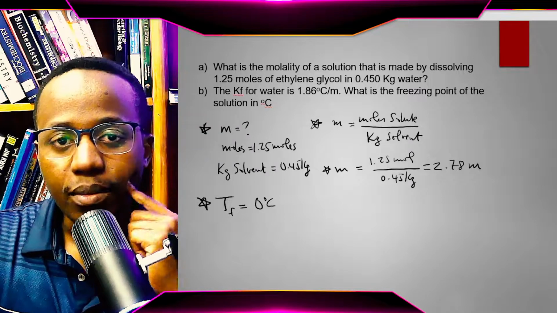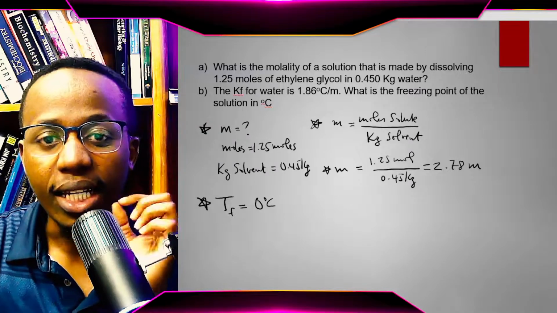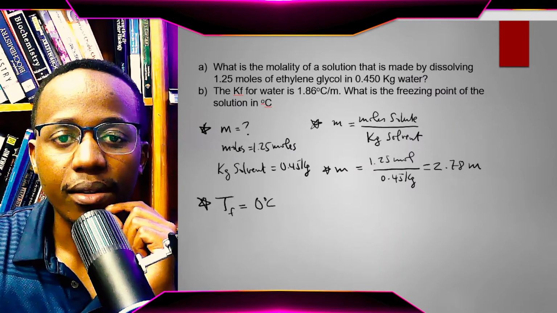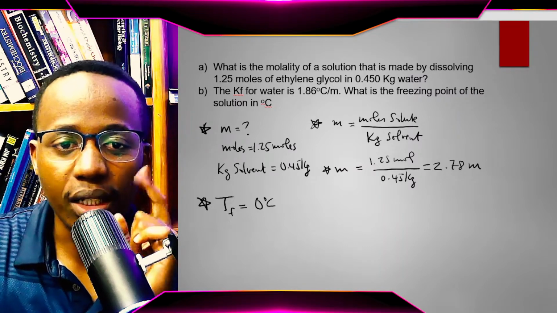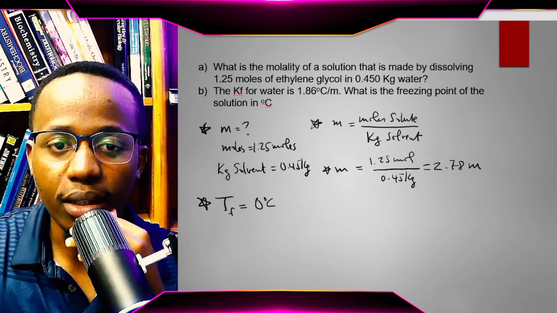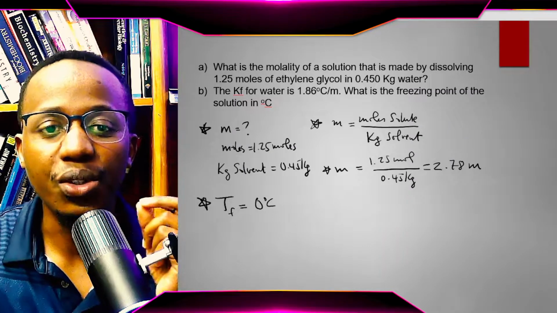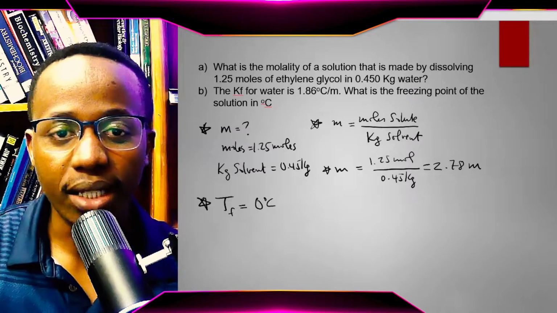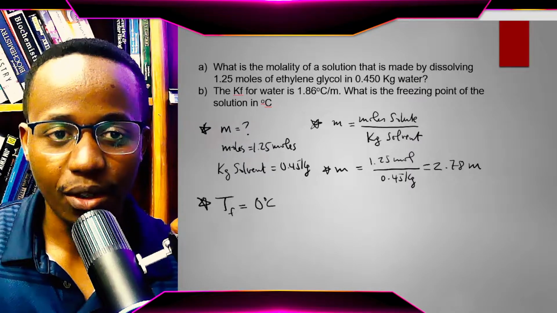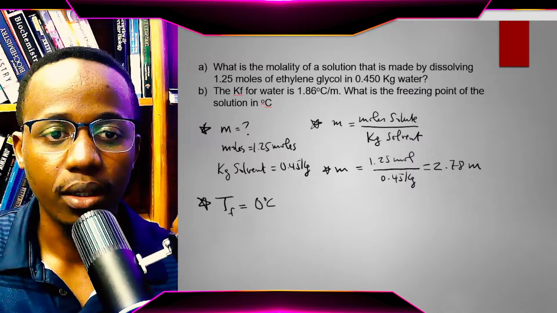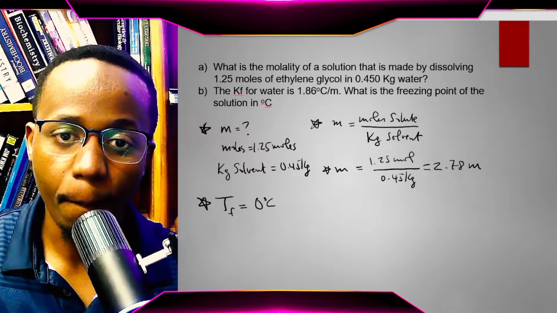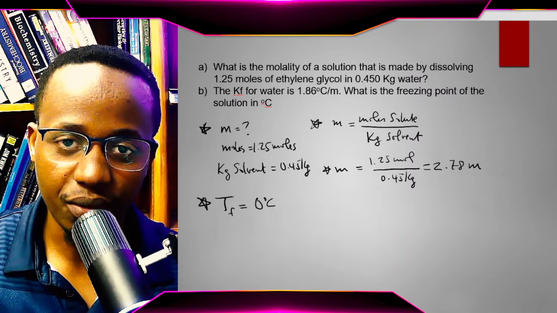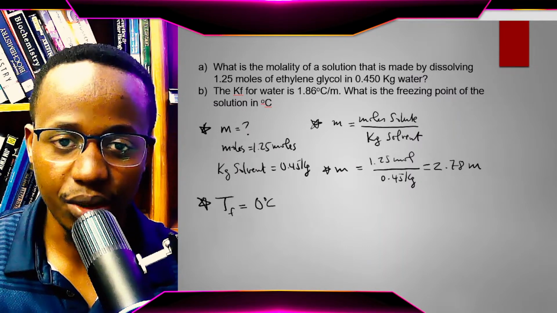So the question is asking us, now that you've added the solute that we just figured out the concentration of above, what will be the new freezing point? In other words, we know that when you add something in the water, it lowers the freezing point. The question is, by how much?